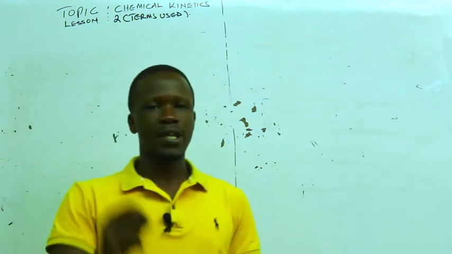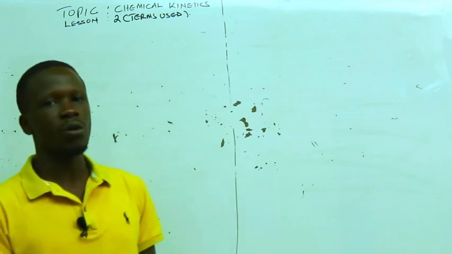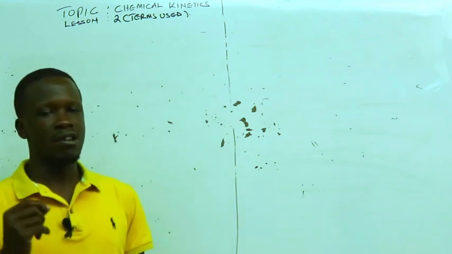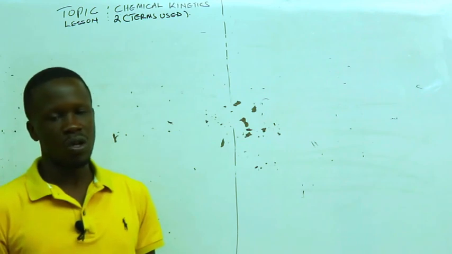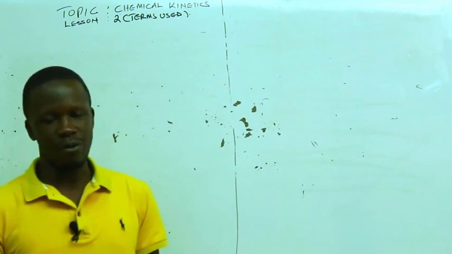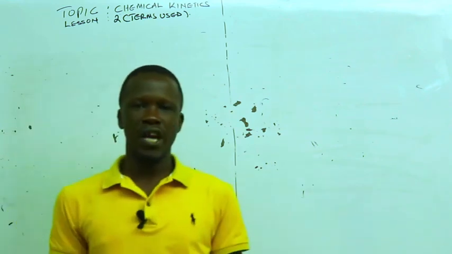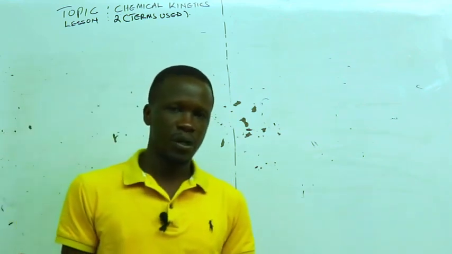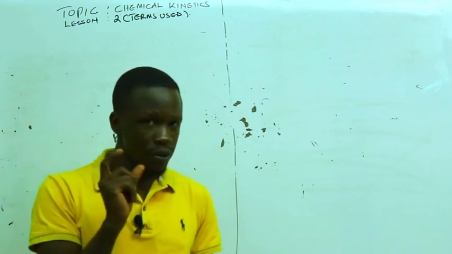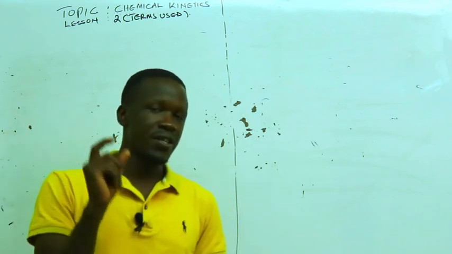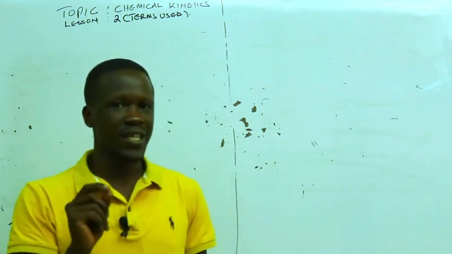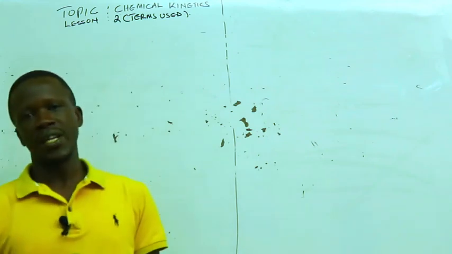And one key term that we looked at is the rate law, and then the other is the rate equation. And we saw that one comes from the other. We said the rate law says that the rate of a chemical reaction is directly proportional to the molar concentration of the reactants, each raised to appropriate powers that are only experimentally determined.